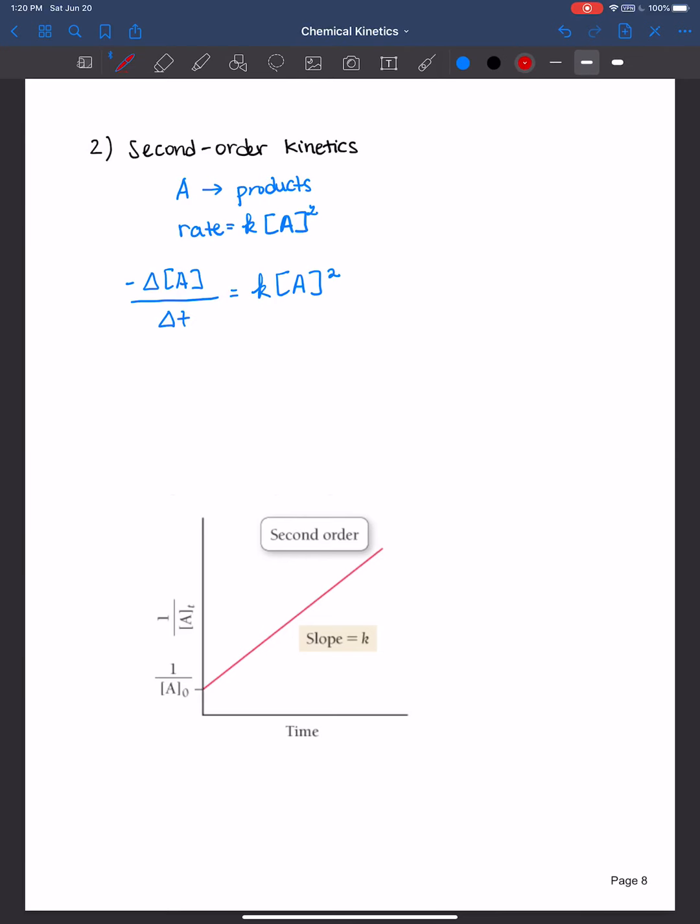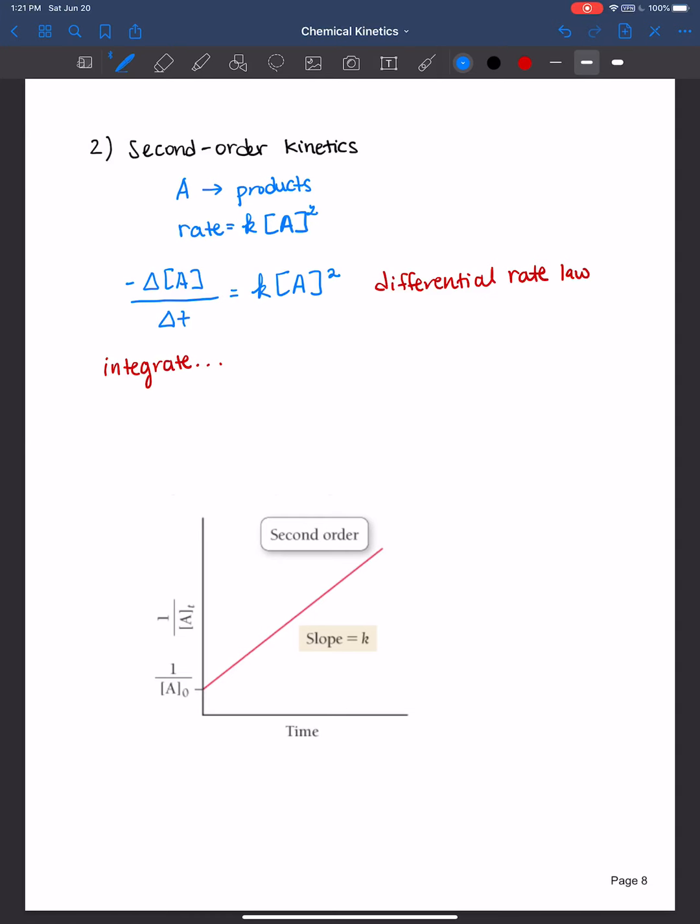Remember that this is just the differential rate law, but we're really interested more so in the integrated rate law because it gives us an equation of a line. Anytime we have an equation of a line, this makes our life really easy. We can do linear regression analysis and get so much information from that line.